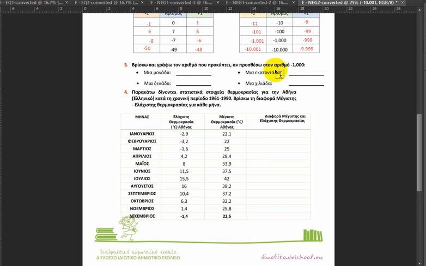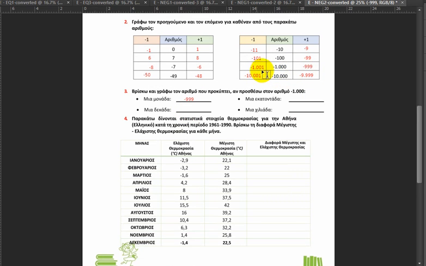Here we want to know what happens if we add to minus 1,000, 1, a 10, 100, and 1,000. If we add 1, well, we saw here we're going to get to minus 999. If I add 10, well, imagine if you're at minus 1,000, you need to take 10 steps to the right, right?